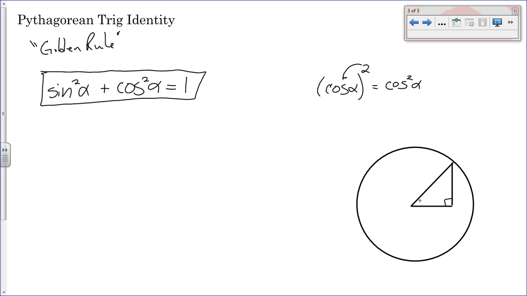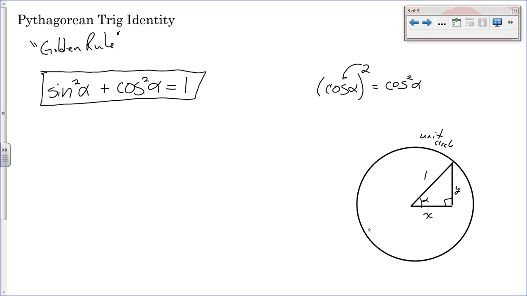Well, if this is your alpha, and this is the unit circle, we know that the unit circle has a radius of 1. So we know that's 1, without a doubt. We know that this horizontal distance here is x, and the vertical distance is y.